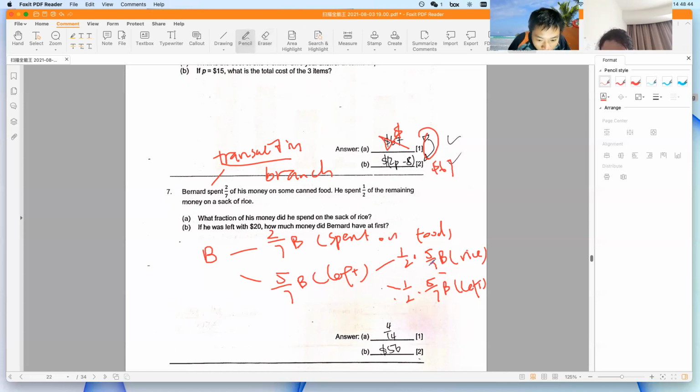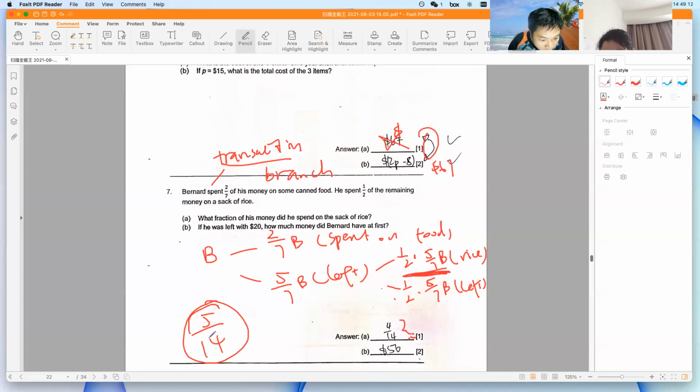So they are asking for the fraction of the money spent on sack of rice here. Then you can quickly just 5/40. They ask for fraction. Why is it 4? I thought it's 5. This one, right? I don't know why you get 4.